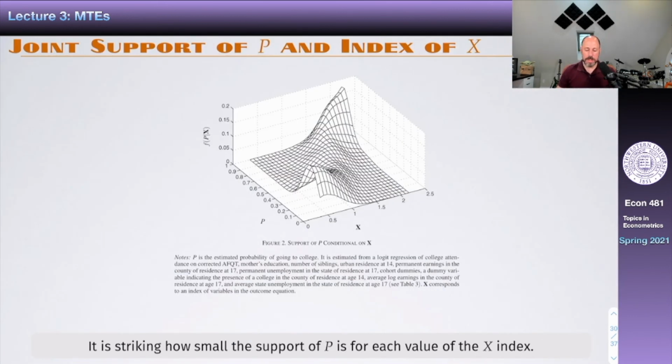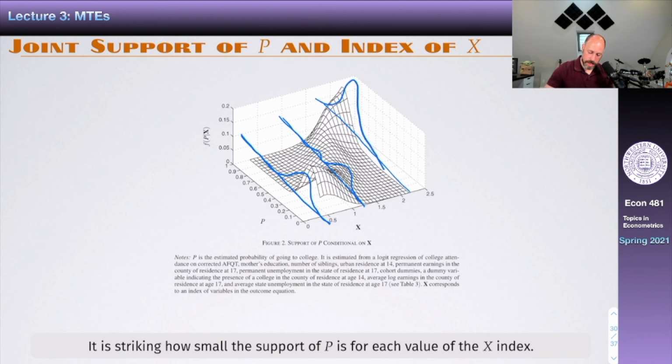So here is the joint support of P and X, right? If I do slices like this, I'm going to screw this up, you can see that you have something like this, and something like this.